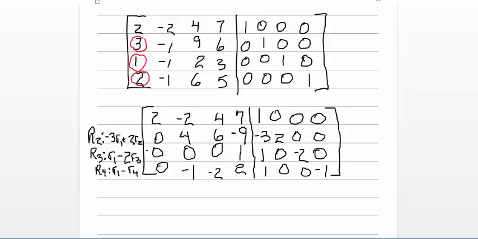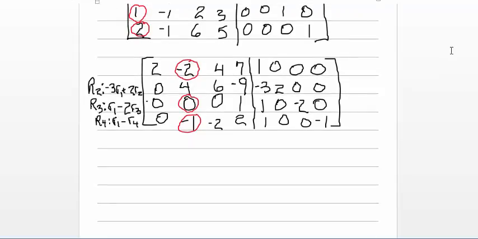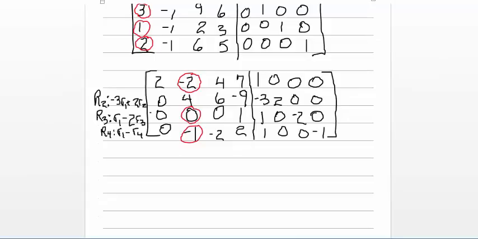So notice that what we do every time is we start from the leftmost column and we move to the right, getting zeros in the appropriate non-diagonal locations of each column. So in column 2, we want zeros in row 1, row 3, and row 4.